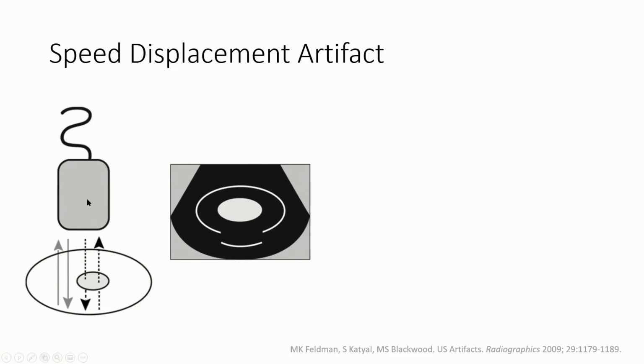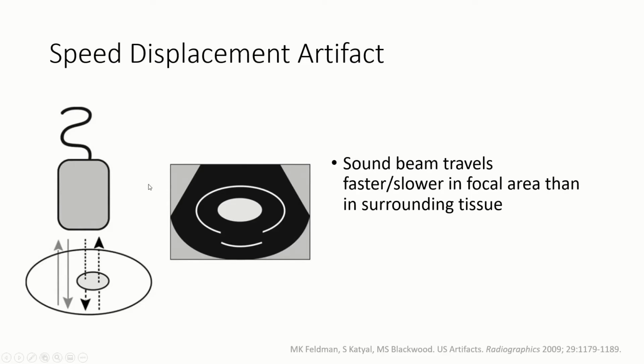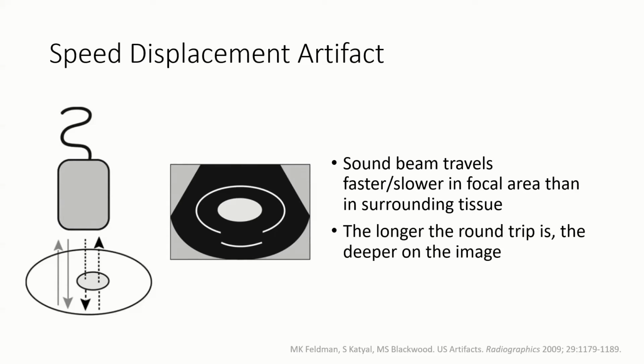As I mentioned, when the ultrasound wave goes through this pathway it takes a longer time, and that is processed as a more distant structure. So the sound beam travels differently in a focal area than in surrounding tissues, and then we see this artifact. The longer the round trip is, the deeper on the image we see it.